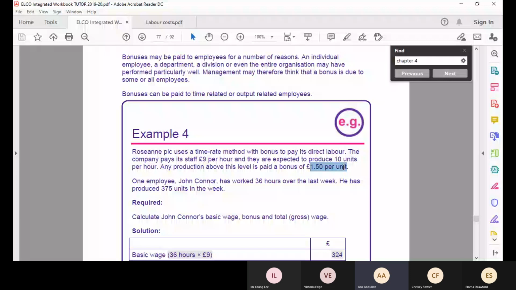One employee, John, has worked 36 hours. Over the last week, he has produced 375 units in the week. So we know the basic hourly rate is £9.